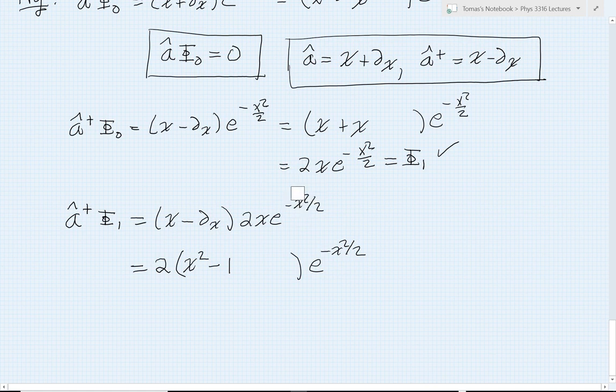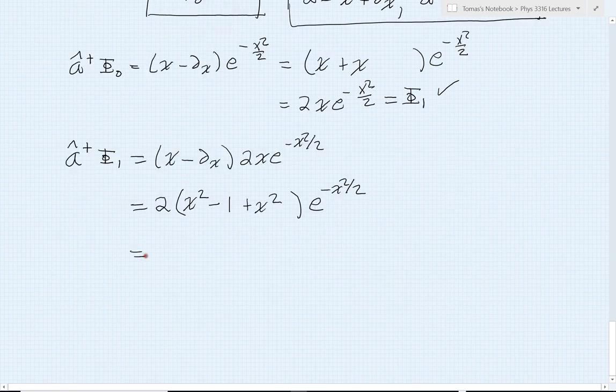An extra factor of minus x will come down. So I'll have minus x coming down, multiplying this minus x for a plus x squared, like so. And if I like, I could rearrange this a little bit. So this will be twice of 2x squared minus 1.